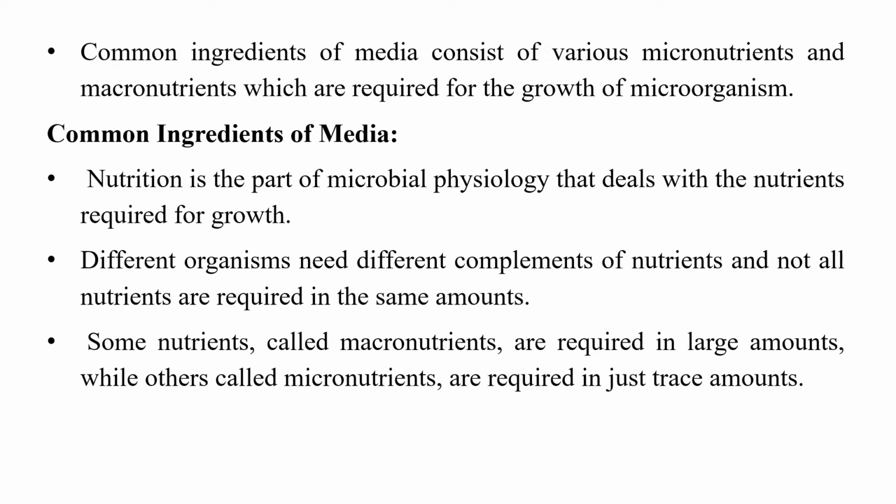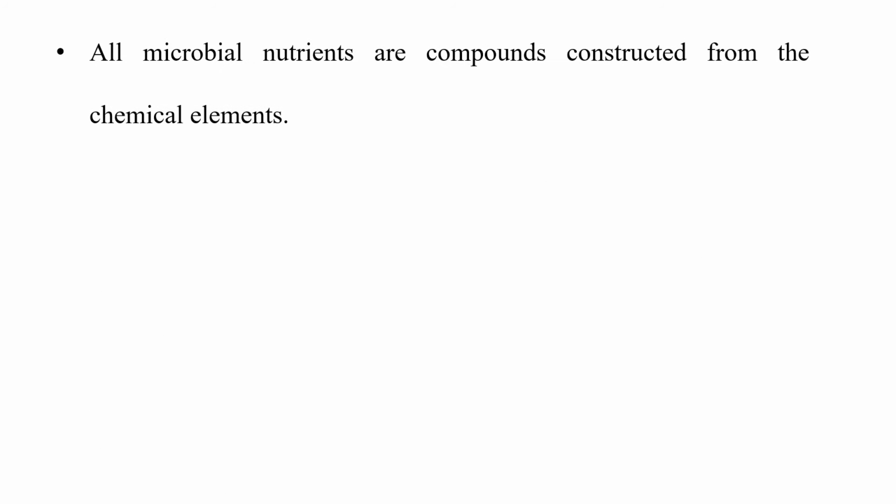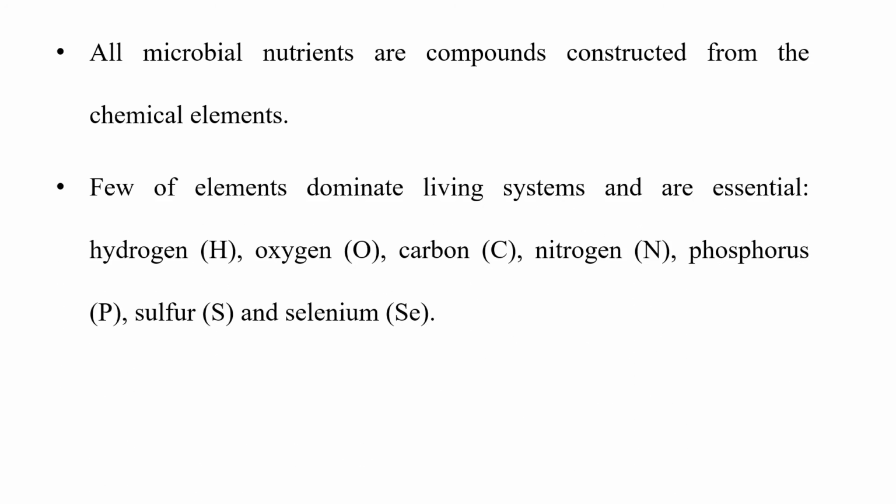Those nutrients which are required in large amounts are called macronutrients, while those required in just trace amounts are known as micronutrients. Microbial nutrients are compounds constructed from chemical elements.